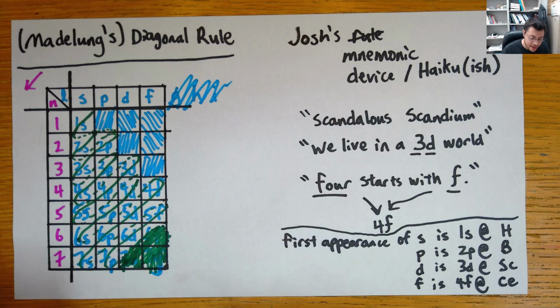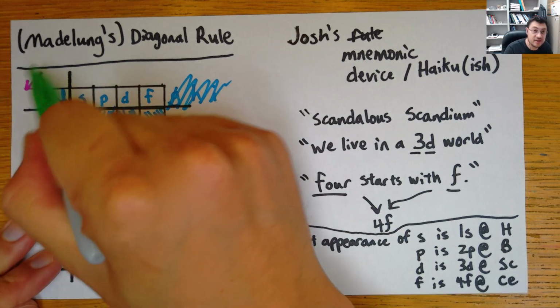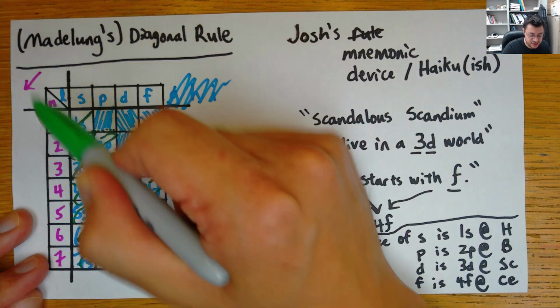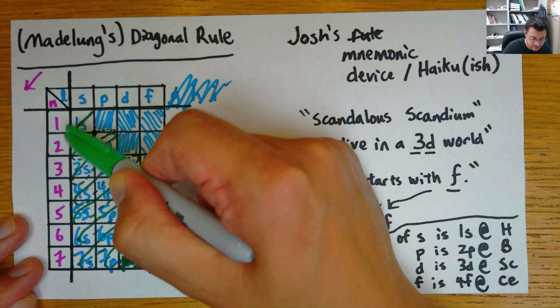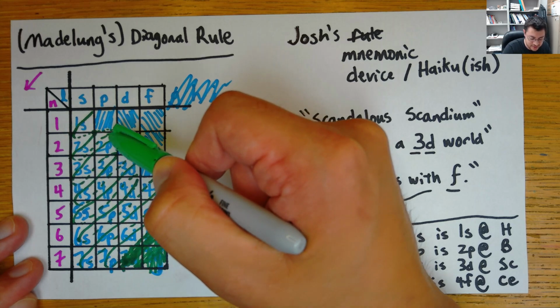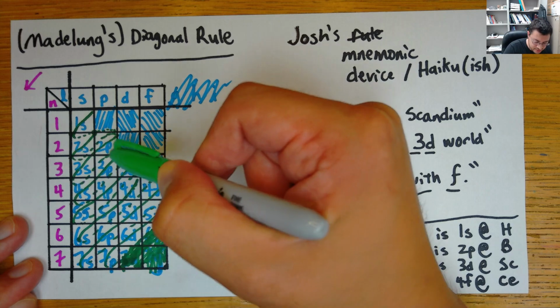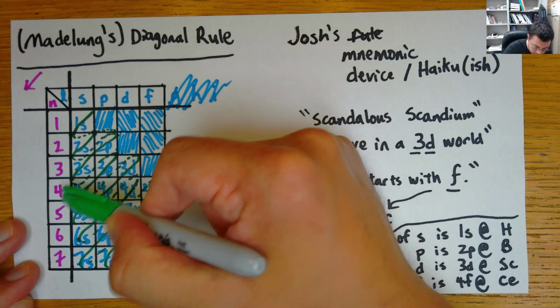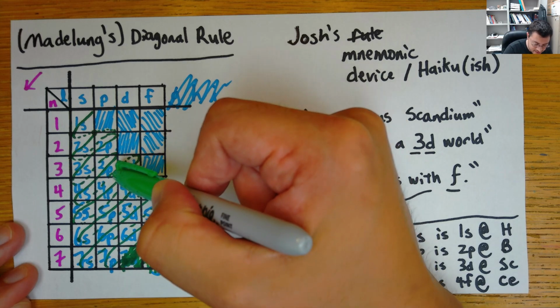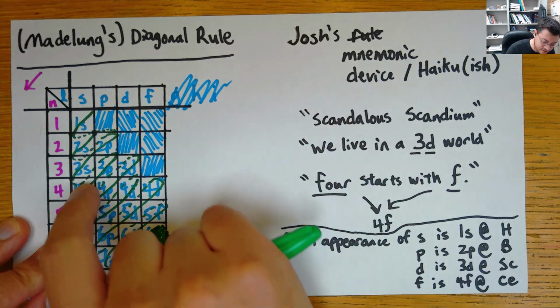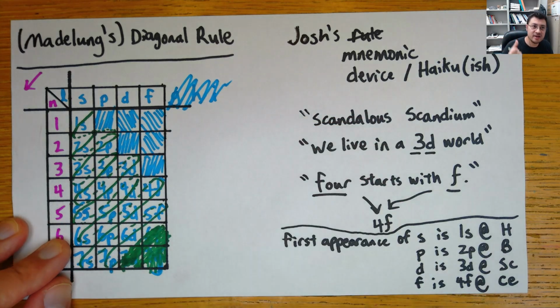Using the diagonal going in this direction, you can see that I went 1s, 2s, 2p, 3s, 3p, 4s, 3d, and using this technique, it got the 3d correct.